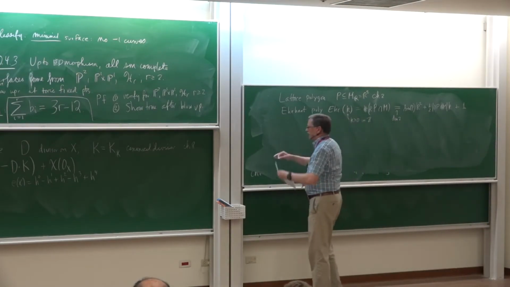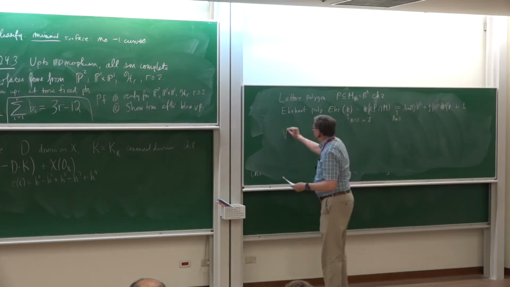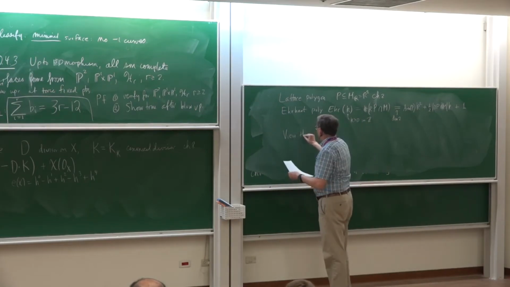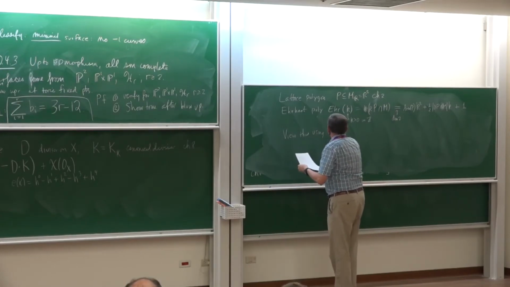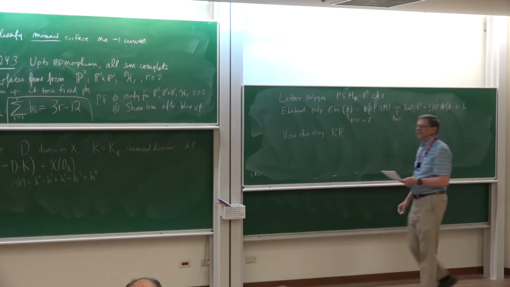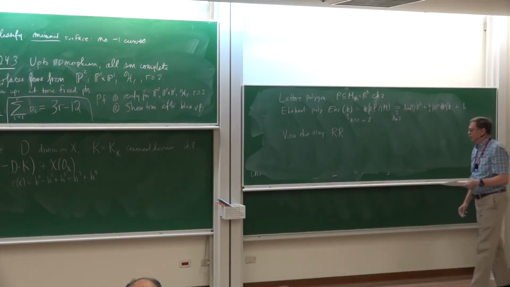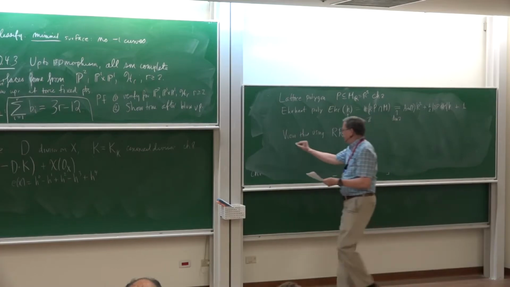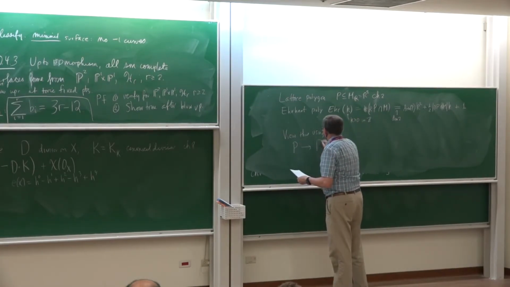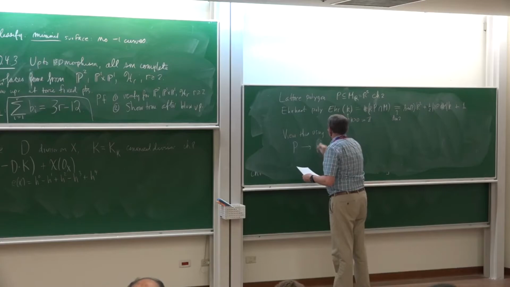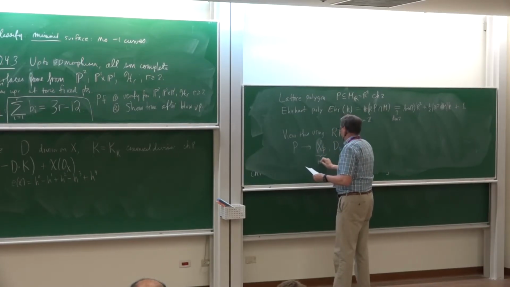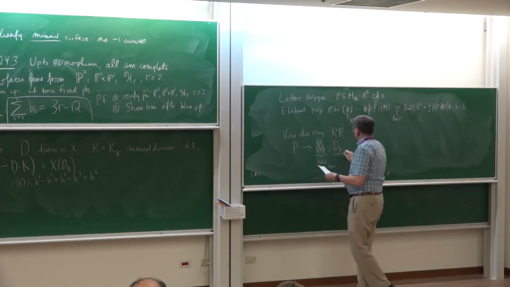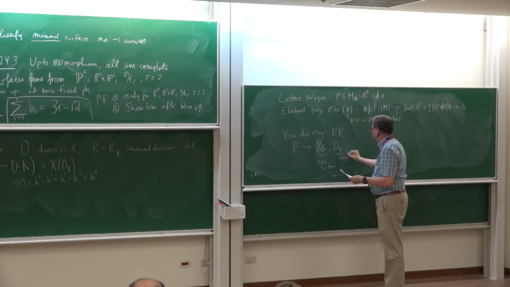Now I want to view this using Riemann-Roch. Now there's one slight awkwardness, because of course when I get P, I get X sub P. So this will be a toric surface, with a nice ample divisor.